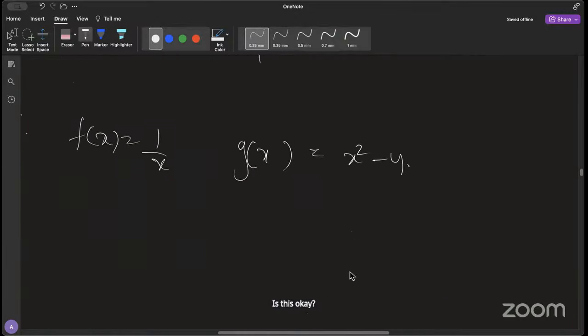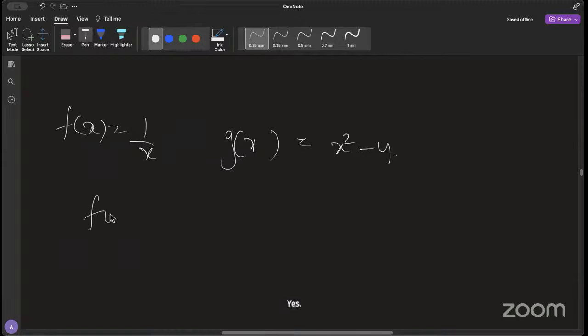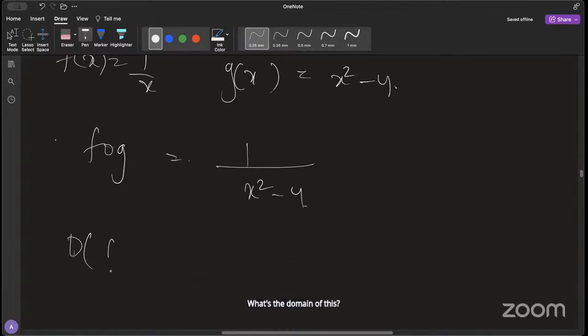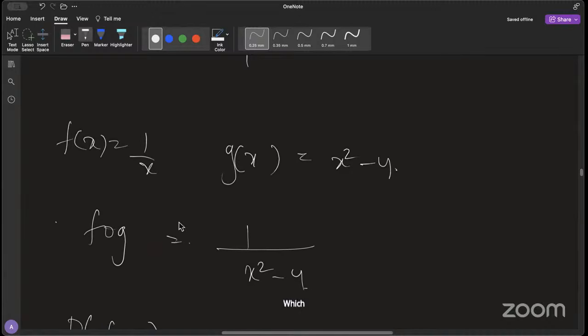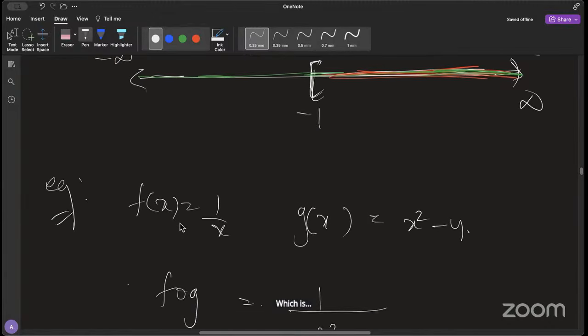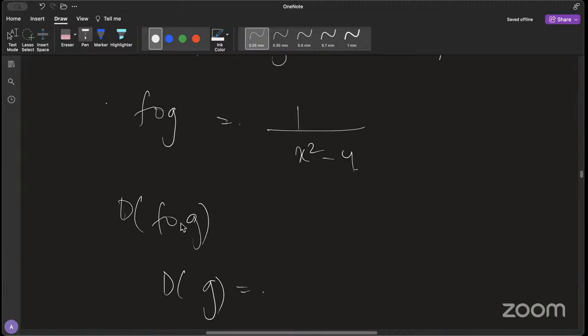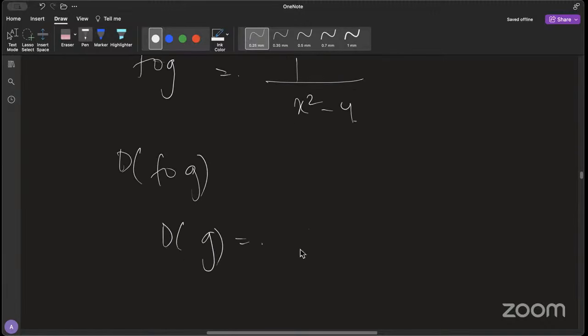Okay. So this is the next example. Let's do f o g first. So your f o g is 1 by x square minus 4, right? But we need to check the domain. What's the domain of this? Domain of f o g: let's first find, for the domain of f o g, we first need the domain of g, which is x square minus 4, right?